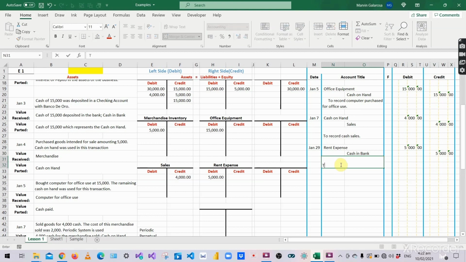Lagyan natin ng description to record payment of rent.